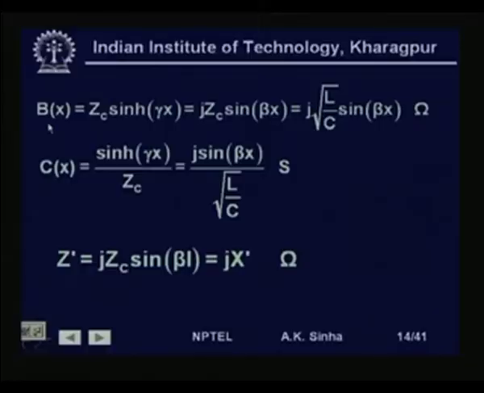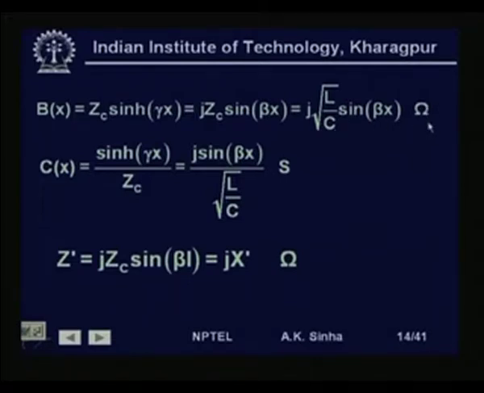Therefore, B(x) will be equal to Zc sinh gamma x. This is equal to j times Zc sin beta x. This is equal to j times square root of L by C, since Zc is root over L by C, into sin beta x. Now, again this is a purely imaginary quantity, or the quantity for reactance.